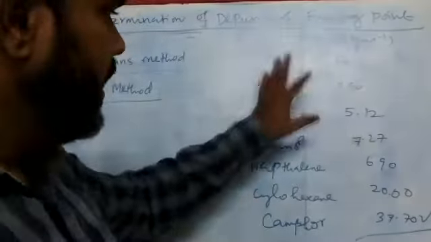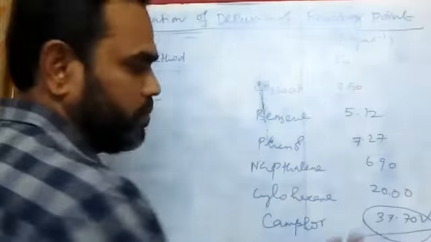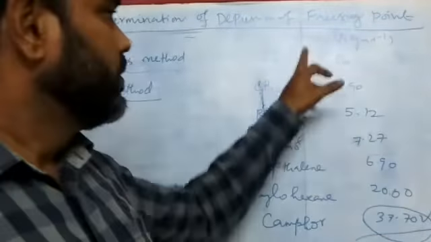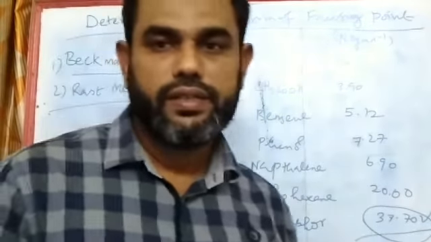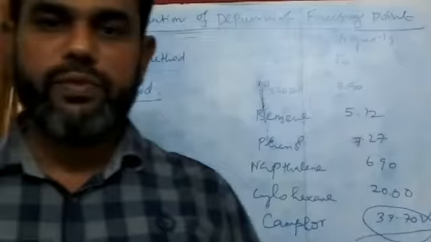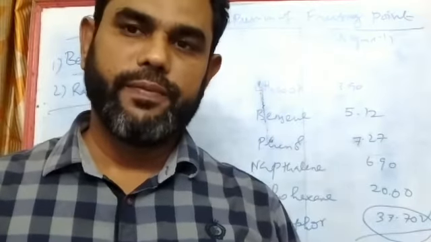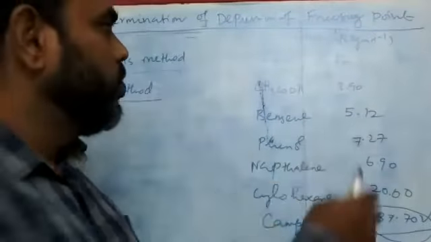So look at this data. You will find that camphor is said to possess a very high value of cryoscopic constant. That means camphor depresses the freezing point to a greater extent than other solvents, even when compared to water.